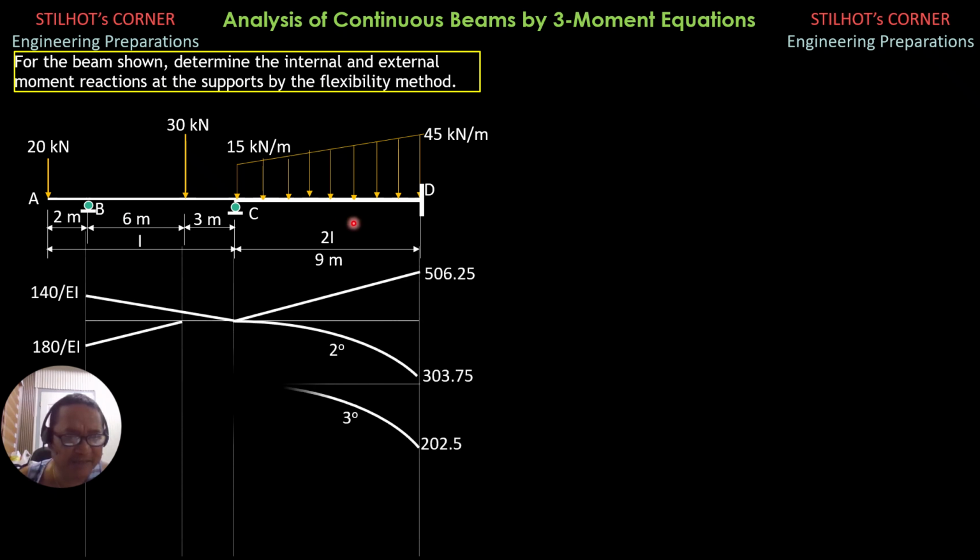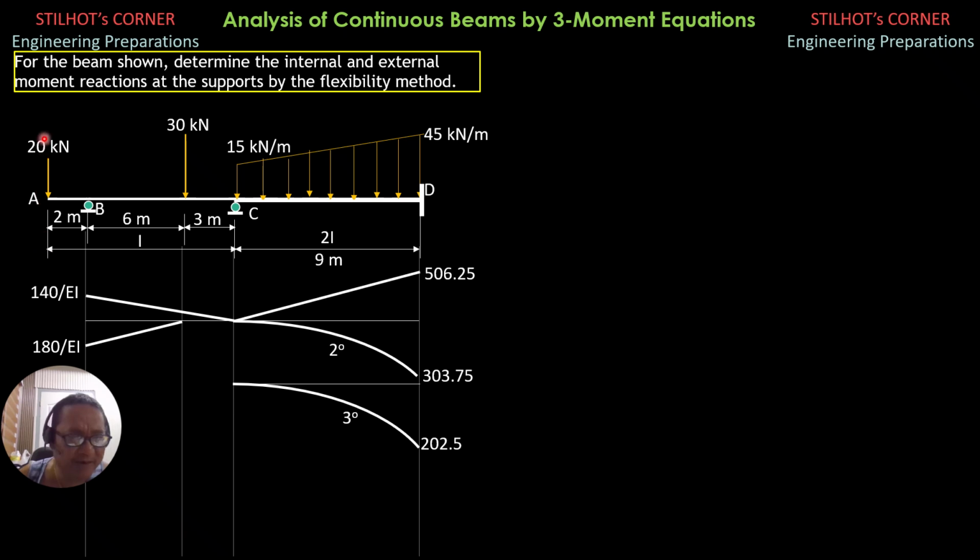So let me explain the moment diagram by parts as shown. So due to the load, 30 times 6 is 180 over EI. And for the rest, imagine that EI is 1. And supposedly due to the reaction at C, the moment is also 180.